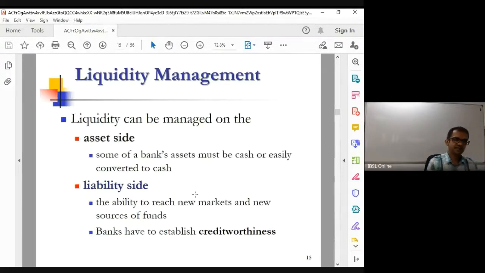The other side is the liability side. If you can borrow from the market very quickly at a fair cost, then again you can meet your obligation. If you can borrow, you can use those borrowed funds to meet your obligation. That is what is meant by managing liquidity with the liability side.